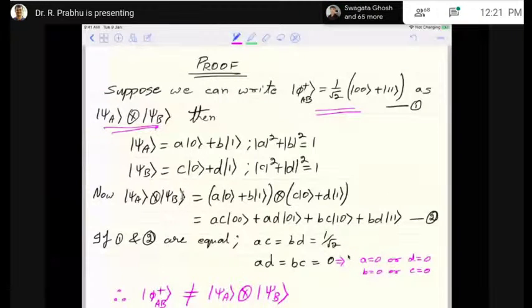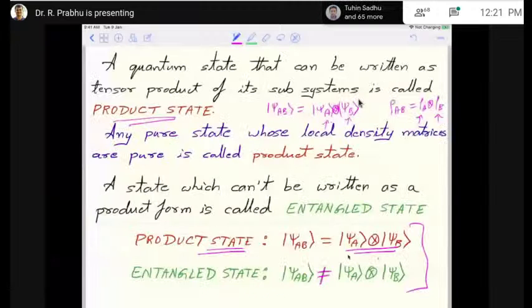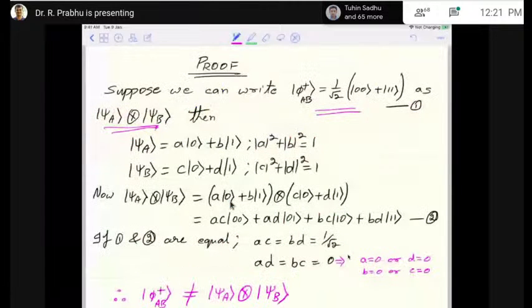So if I have this state, I will try to write it as the tensor product of two possible states, and then identify that particular tensor product of the two states, which is given by equation 2. Now compare equation 1 and 2.